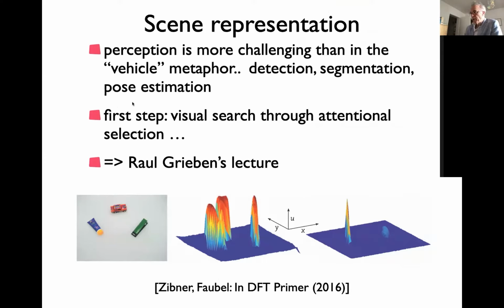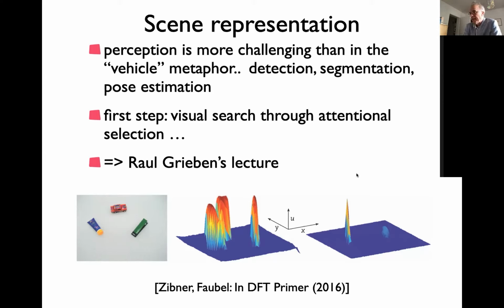Let's say you want to grasp that blue tube, then you have to find it in the scene and direct your attention at it and estimate where it is to be able to direct the movement trajectory of your hand at that object.